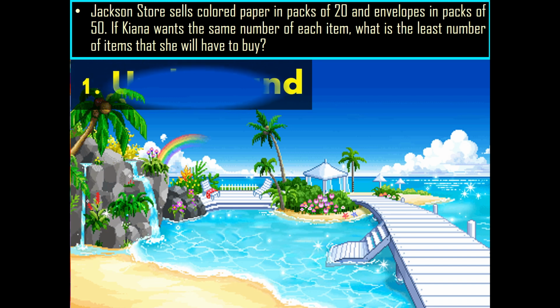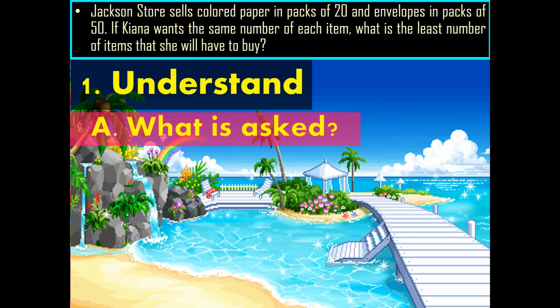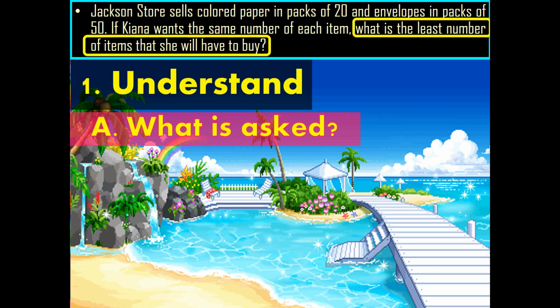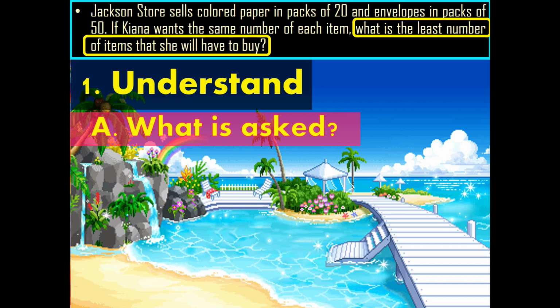We start with step 1, understanding the problem by answering what is being asked. I have already mentioned in part 1 that this is found at the very last sentence in a form of question. So we have, what is the least number of items that she will have to buy?